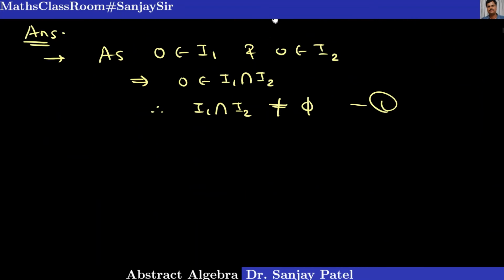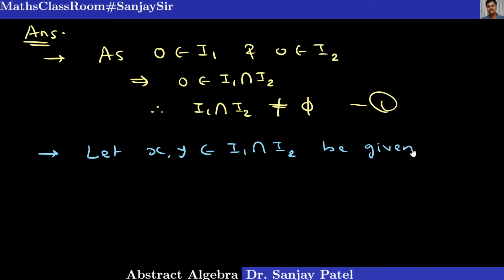The second thing I want to explain here is it is a subgroup. So let us take two elements, say x and y belongs to I1 intersection I2. What I want to prove is x minus y also belongs to I1 intersection I2. Now as x and y belongs to I1 intersection I2, it is clear that x and y belongs to I1 and x and y also belongs to I2 because they are in the intersection, so it is in all the sets.